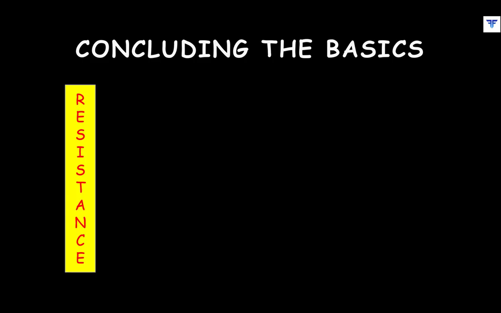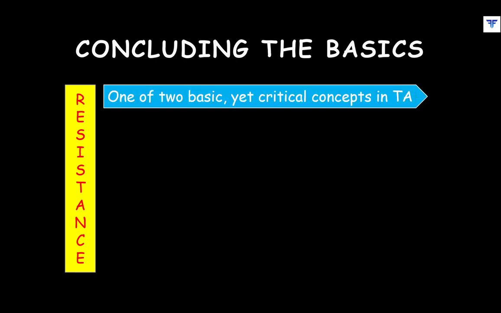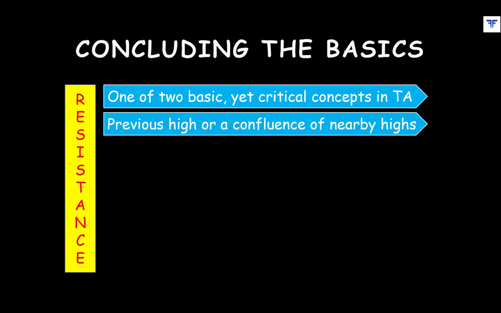Let us now conclude what all we have spoken thus far regarding resistance. A resistance is one of the two most critical concepts in technical analysis, the other being a support. A resistance is a previous high or a confluence of two or more highs if they are cluttered close to each other.